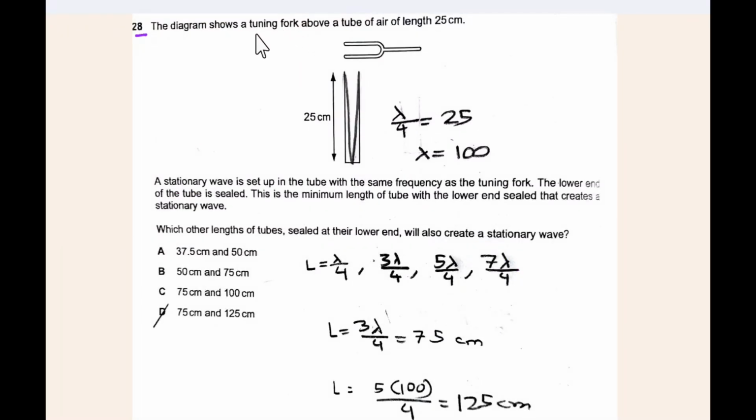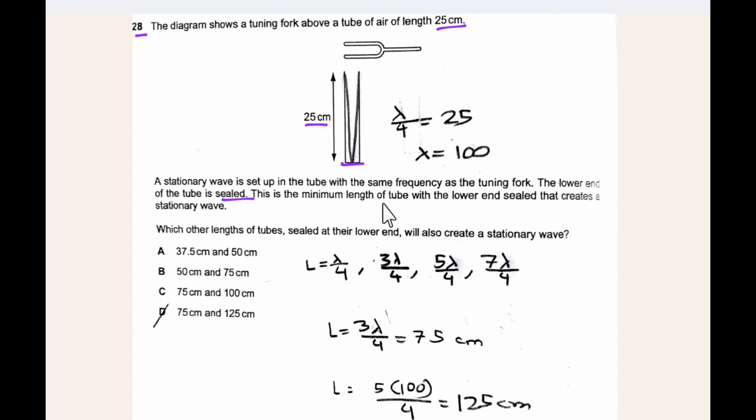The diagram shows a tuning fork above a tube of air of length 25 cm. So the tube has a length of 25 cm. A stationary wave is set up in the tube with the same frequency as the tuning fork. The lower end of the tube is sealed.